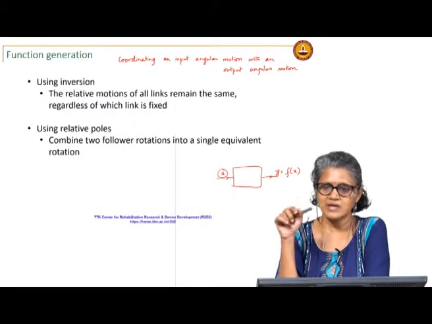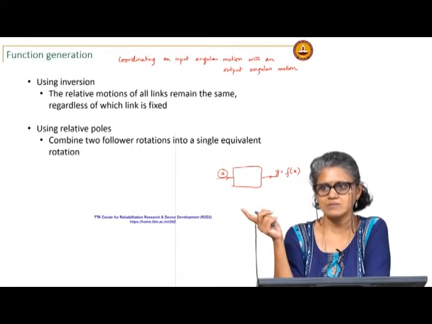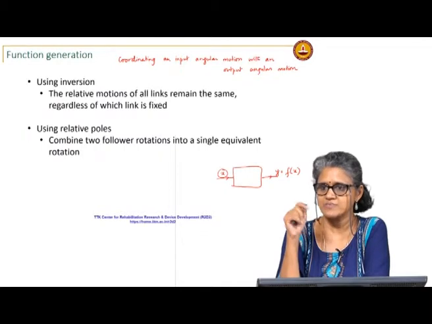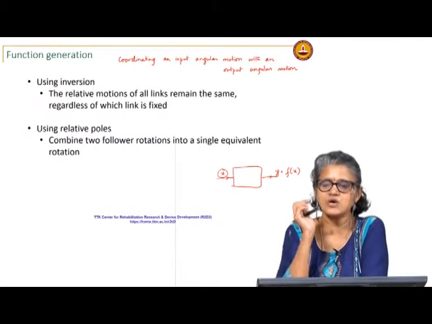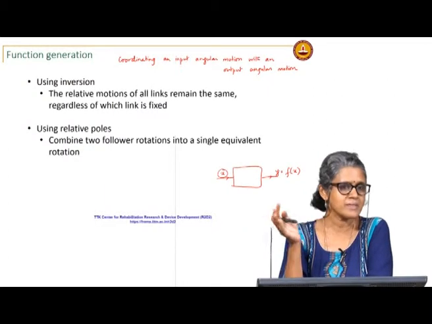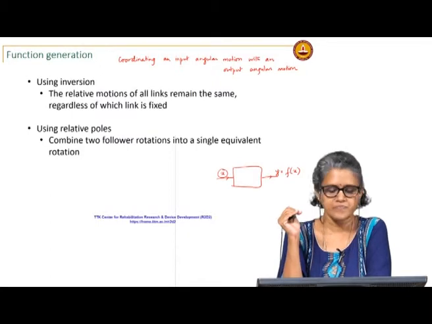It would have a dial, so if you give it a certain input, you can read out what the function value is, which is why these are called function generators. The angles were coordinated in such a way that they would satisfy a certain function.